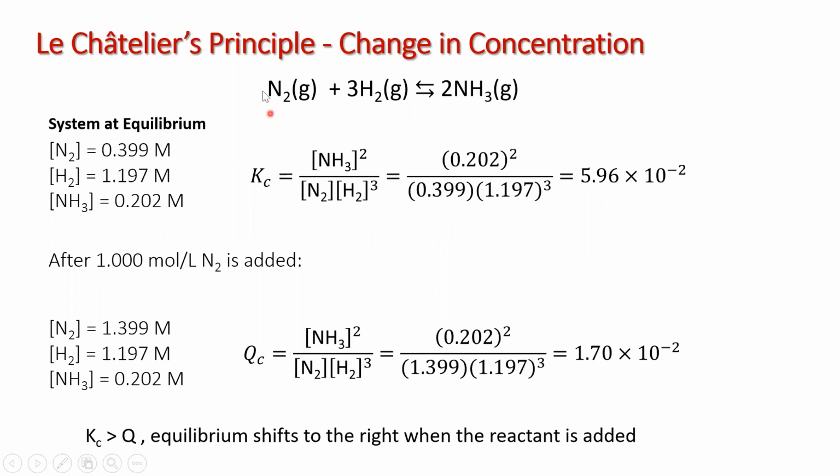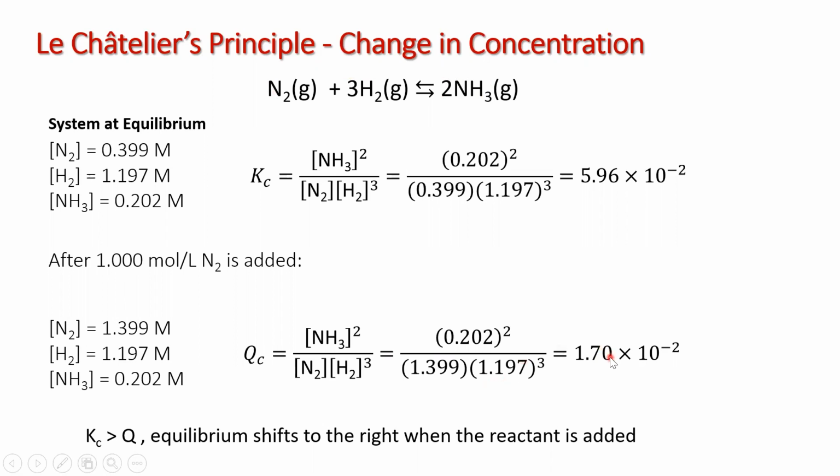Well, what that does is it shifts the equilibrium towards the right. What will happen is the amount of hydrogen will go down and the amount of ammonia will go up because we added nitrogen.